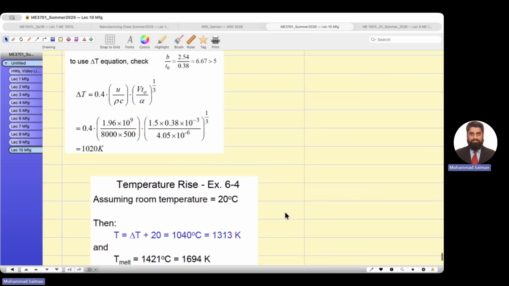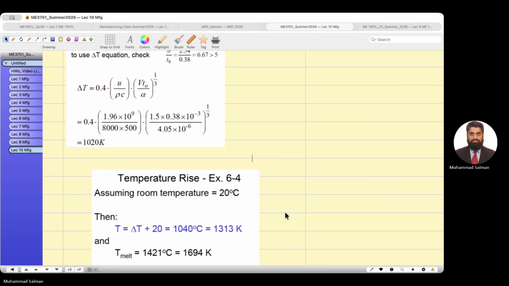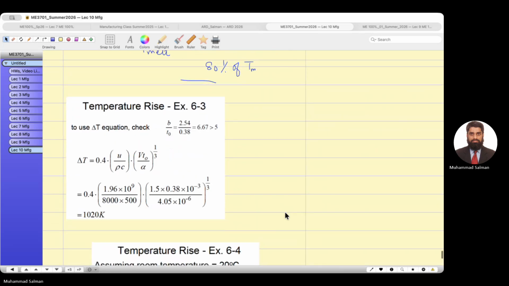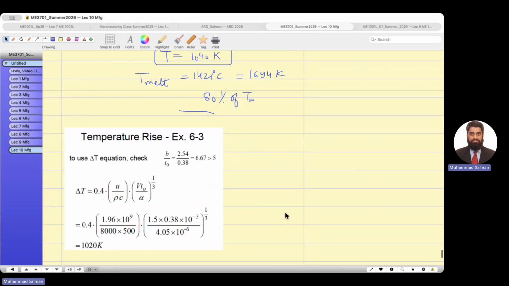In 40 Celsius, what do you get for delta T?